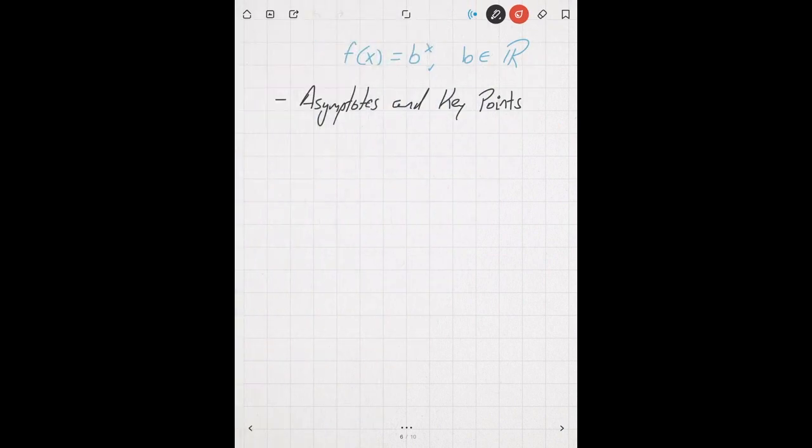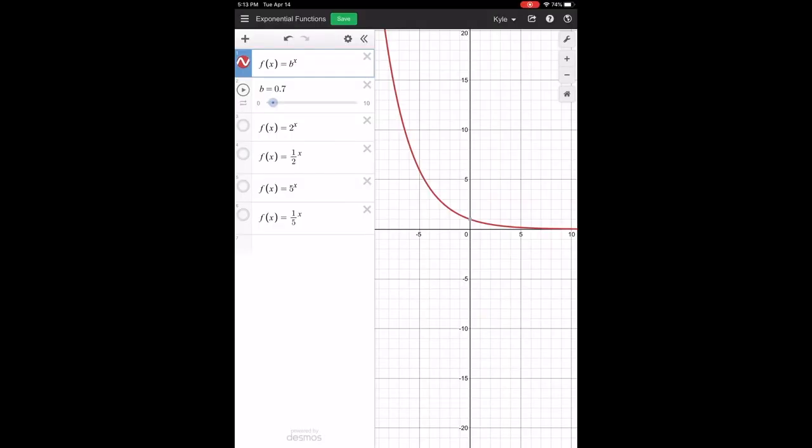Now, I want to talk about some of the key points and some asymptotes that we're seeing here in the graph. One thing that we should notice is there is an asymptote anytime I have an exponential function. The asymptote, remember, is we can define it as an area of space where the graph is undefined, where the graph does not meet the qualifications.